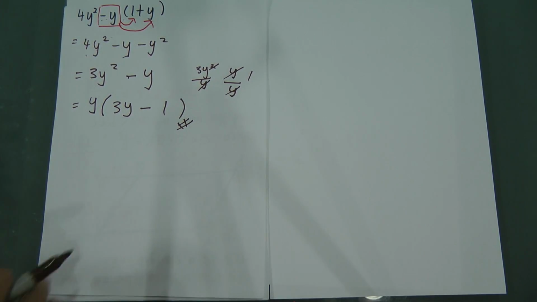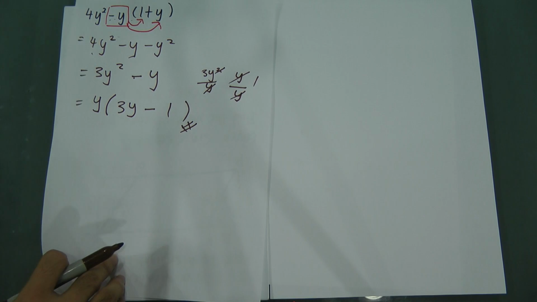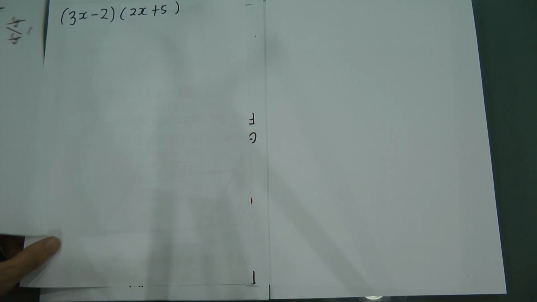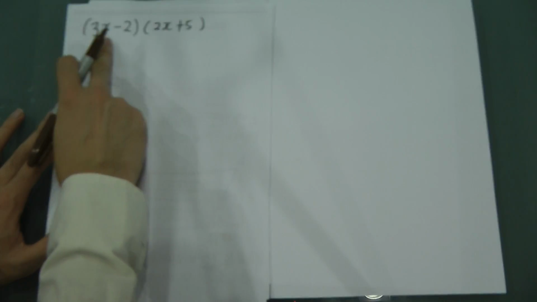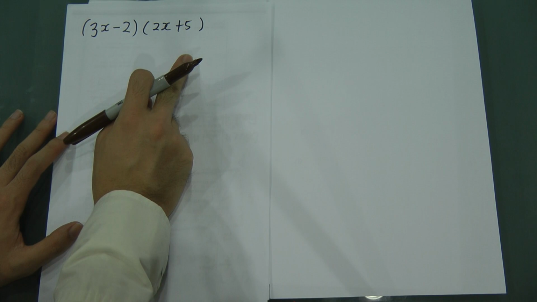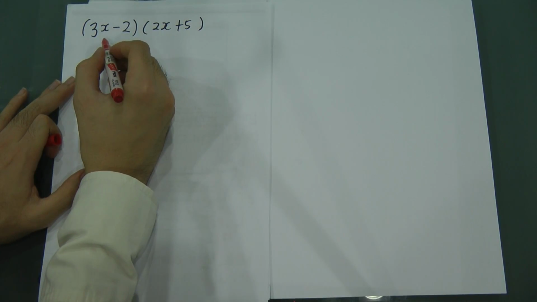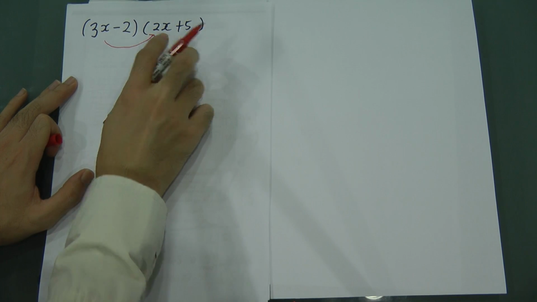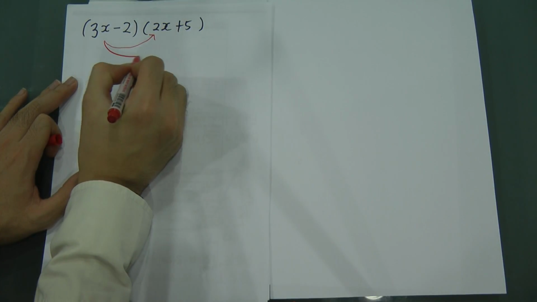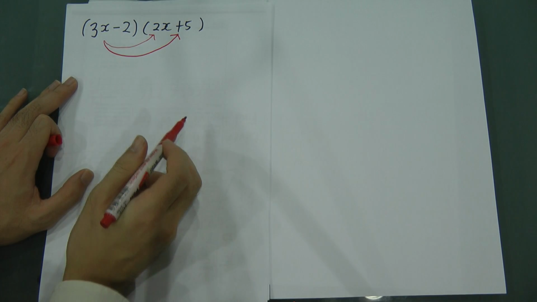Okay, and then I show another question where you need to simplify. For example this one, when you see two brackets like this, 3x minus 2 and then 2x plus 5, what you need to do is multiply 3x by the first one, meaning 3x multiplied by 2x. And then you multiply 3x with positive 5.